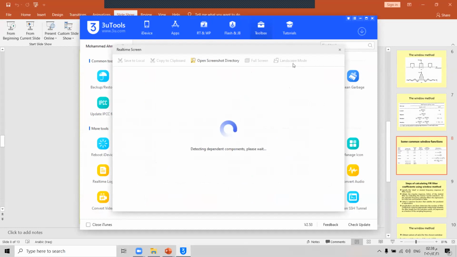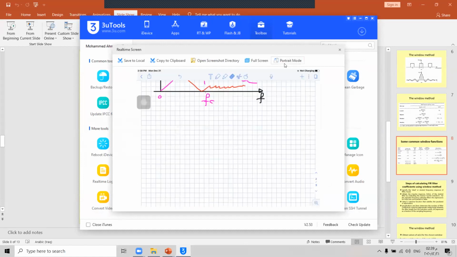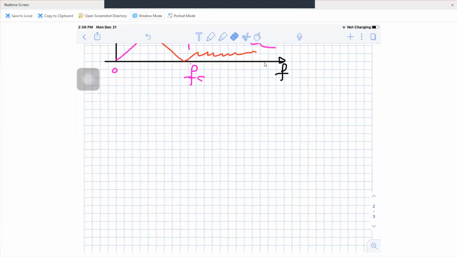Of course, we are looking for a flat pass band region, and if it's possible to obtain a flat pass band region, it will be better. Look, this will be the axis of the filter. Well, now we have the following.